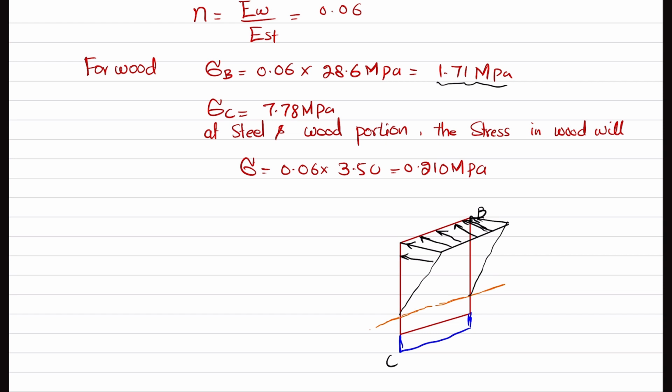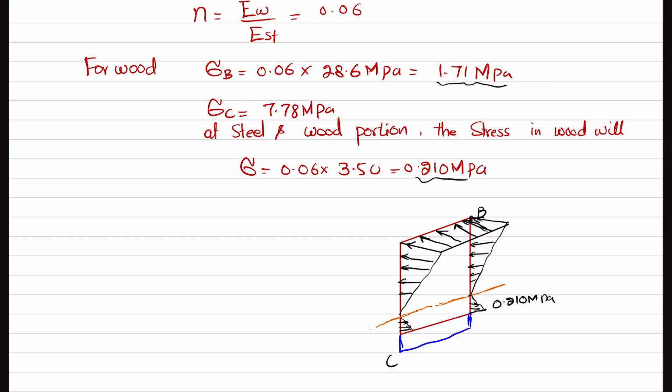This will be in the wood portion, in compression, clear? And then there will be extension till this point. Till this wood point, and at this point you can see the stress will be 0.210 megapascal. So it will be like this.